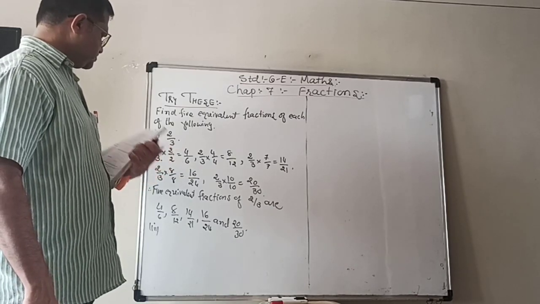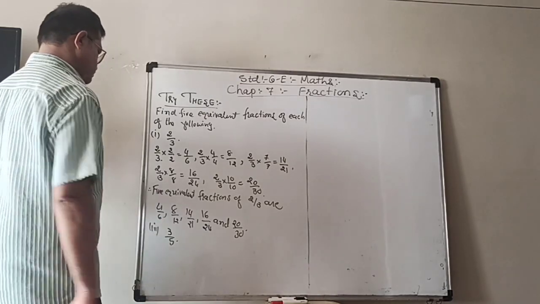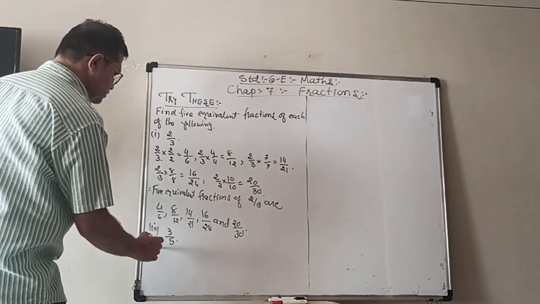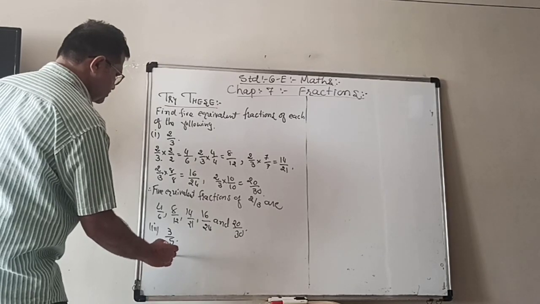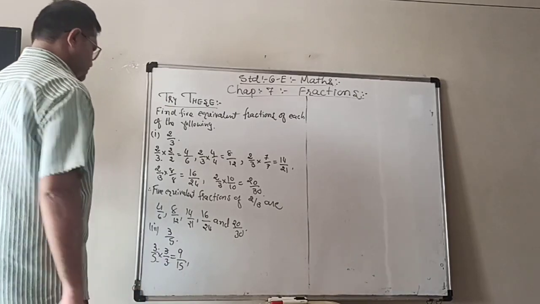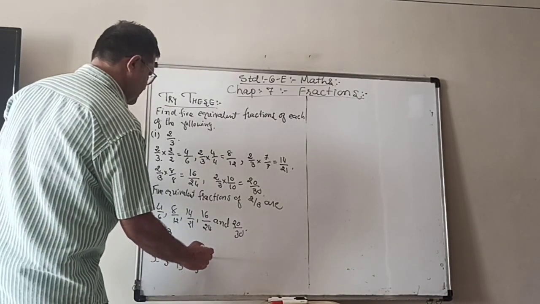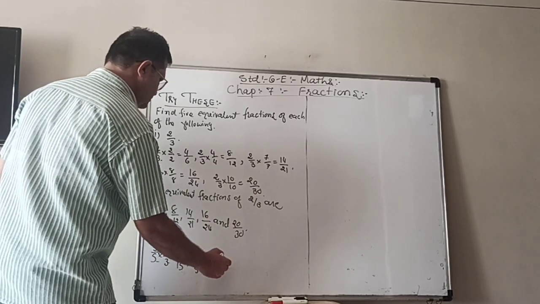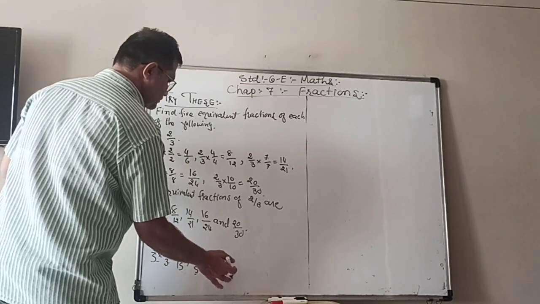The third one is 3 upon 5. So here also we will do the same thing. 3 upon 5 multiplied by 3 upon 3. 3 3s are 9 upon 5 3s are 15. 3 upon 5 multiplied by 5 upon 5. So 3 5s are 15, 5 5s are 25.